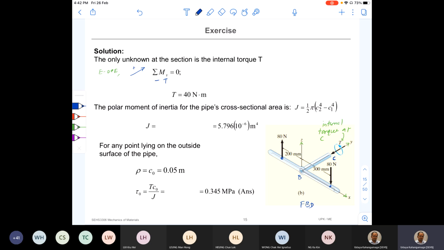Now we'll take the force 80 Newton in here. That force 80 Newton is going to create a moment around y. Okay, so now tell me whether it will create a positive moment or negative moment about y. Again, you just mark the direction of the torque, or you can curl your fingers in the direction of the torque.